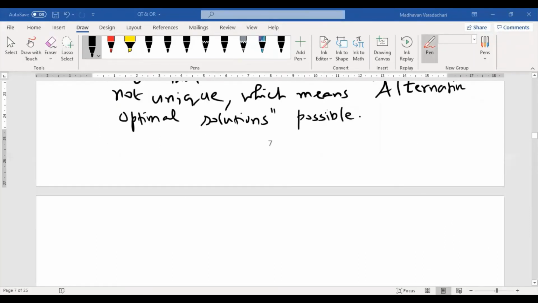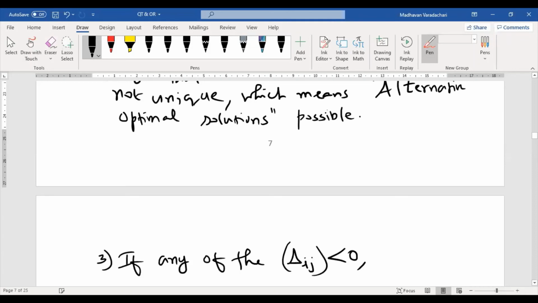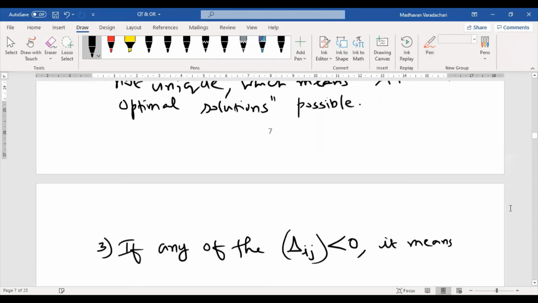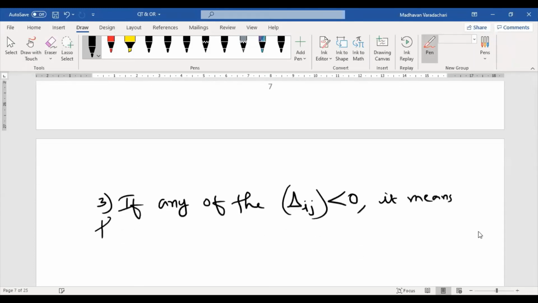So, third point. If any of the delta ij is less than 0, it means that we haven't reached optimality.